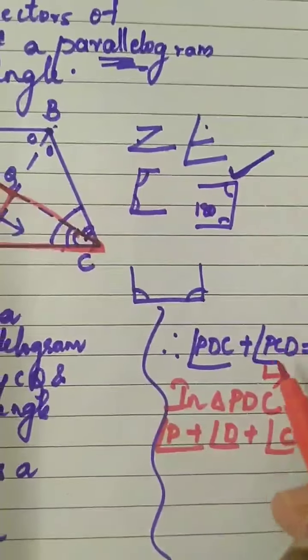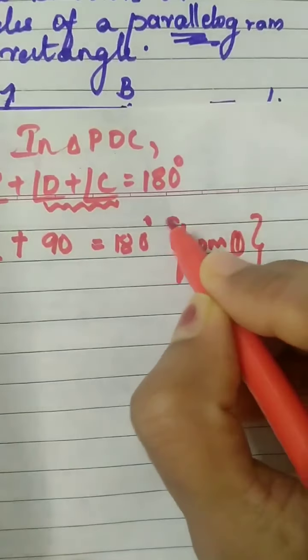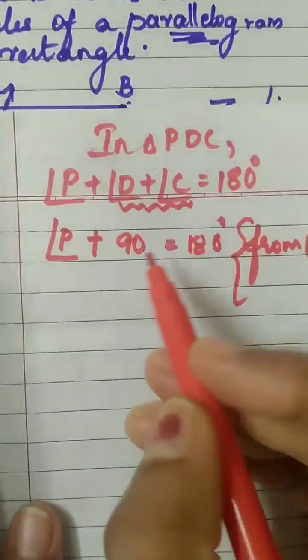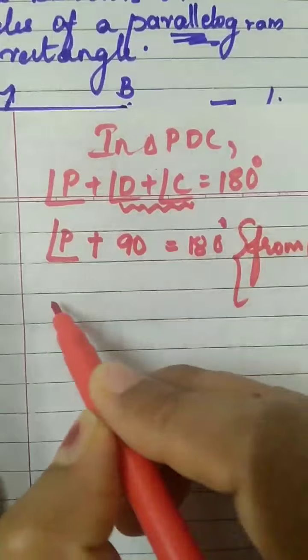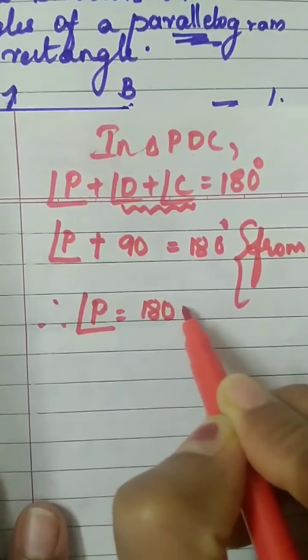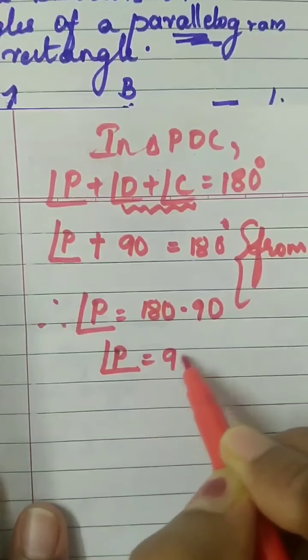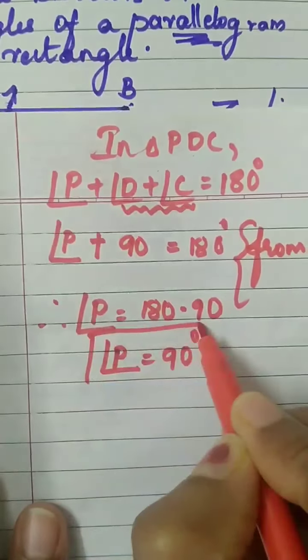So this is number 1. So from 1, we can write angle P plus 90 is equal to 180. Therefore, how much will be angle P? 180 minus 90. Angle P is equal to 90 degrees. Put it in a box.